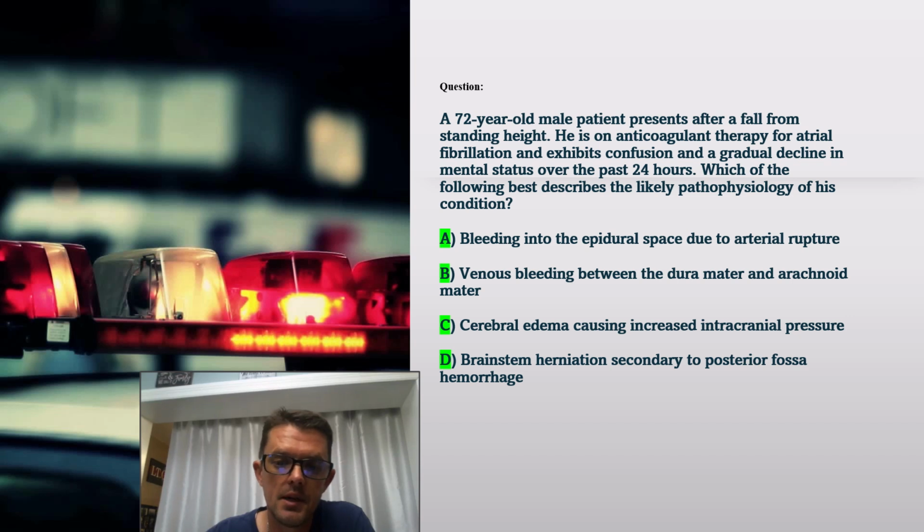Cerebral edema causing ICP, oh, and brainstem herniation. No, that's a whole other ball game. So what are we thinking? Dun, dun, dun. There she is. Venous bleeding between the dura mater and the arachnoid space. It's got to be it. There's your subdural hematoma.